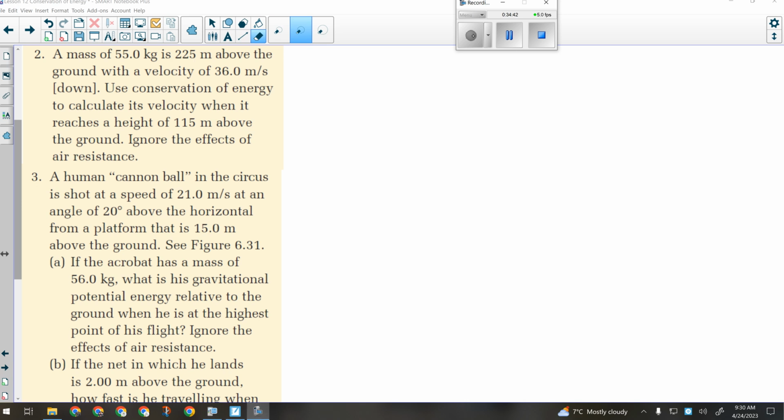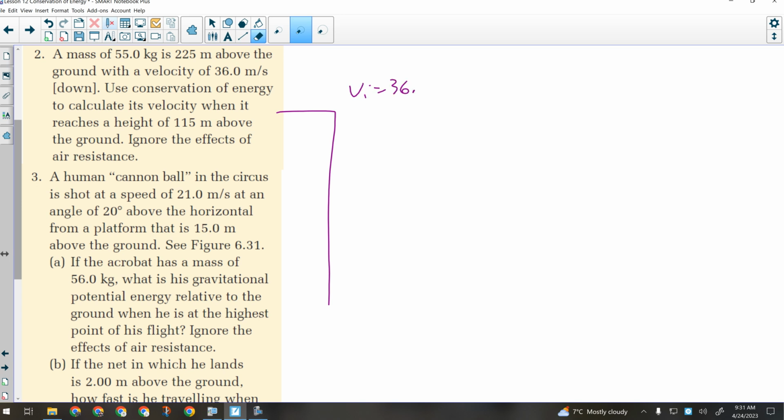All right, so we've got a roller coaster. Okay, looks something like this. Sorry, not a roller coaster. It's just being dropped. So it's going to fall off a cliff like this, and it is above the ground, moving at 36 meters per second. So our initial speed is 36 meters per second.